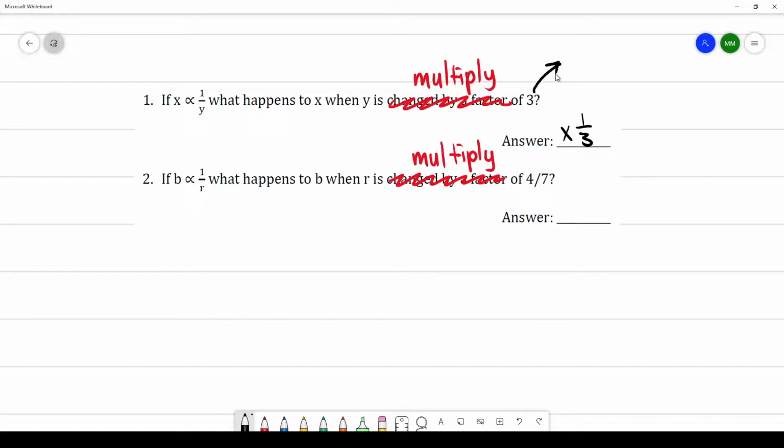Because 3 is essentially 3 over 1, right? So when you divide a number, I think you guys learned this, it's just multiplying by the reciprocal, when it flips over. So divide by 3 over 1 is the same thing as times 1 over 3. And so they're just flipped over.